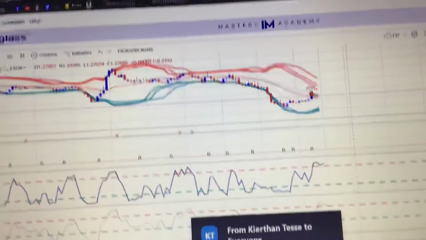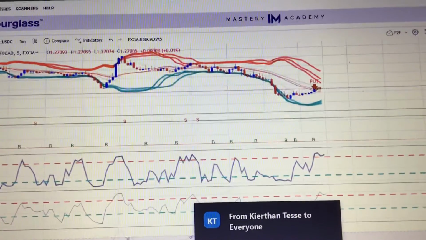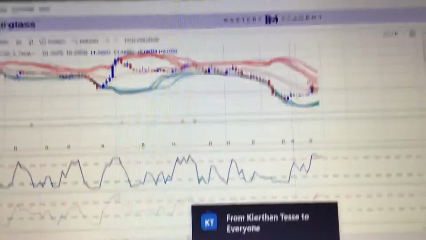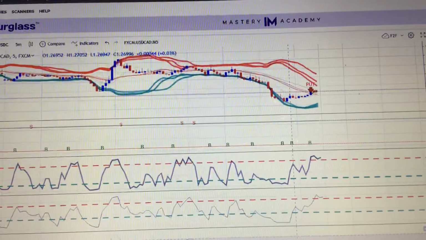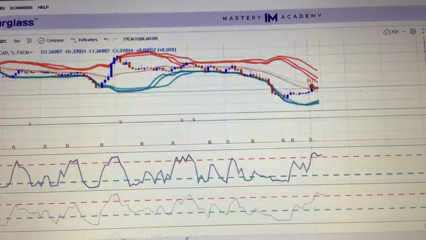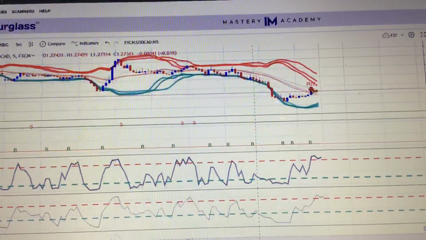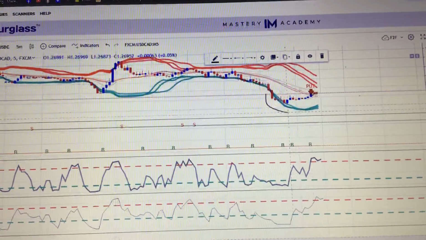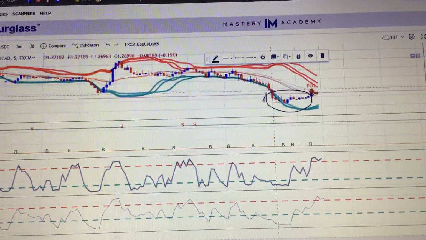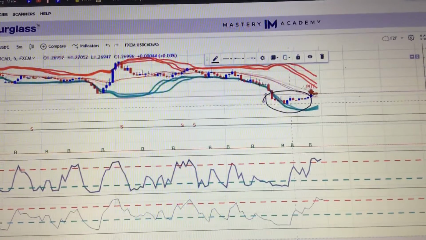The reason being is that if the RSI is below the 40, that's telling me that what's going on right here is not a clear reversal.